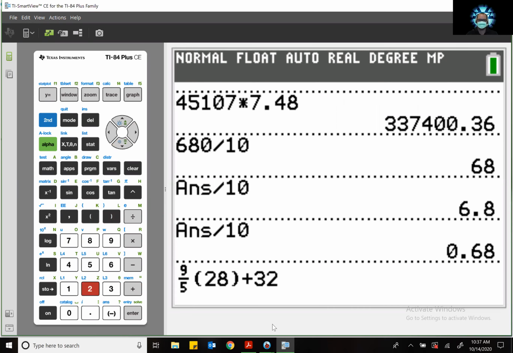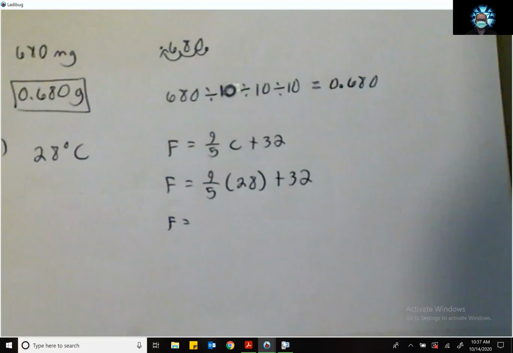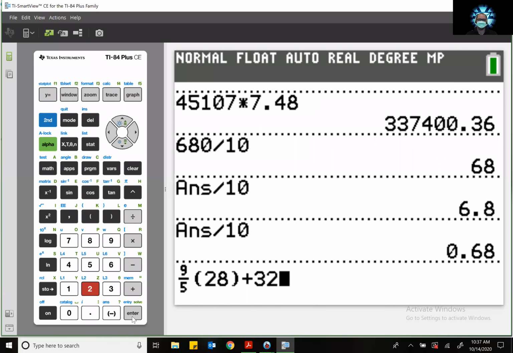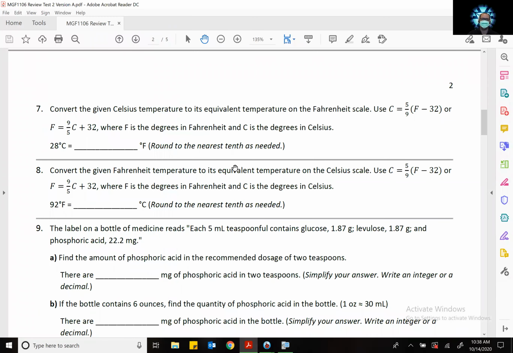That is exactly the way I had it written on my paper. My calculator will take care of all this for me doing the PEMDAS. And there it is. But again, it says we want our answer to the nearest tenth.